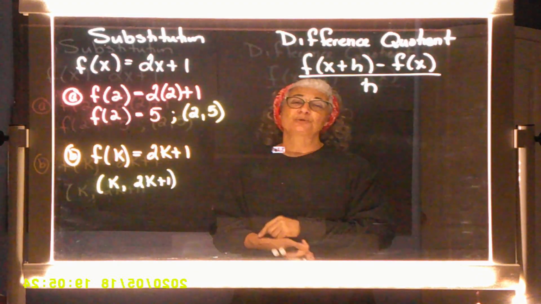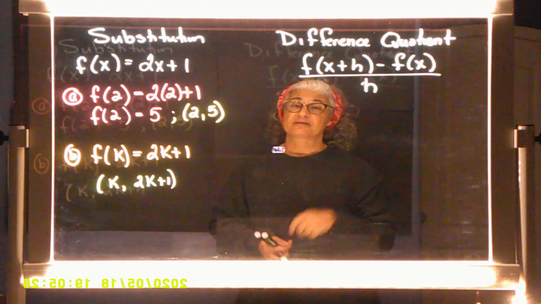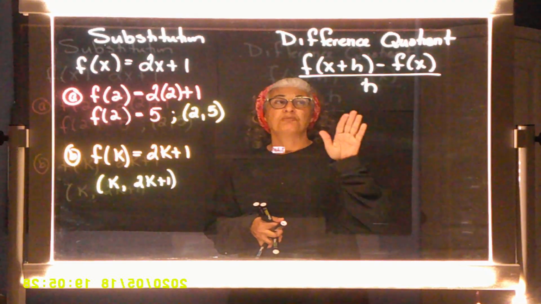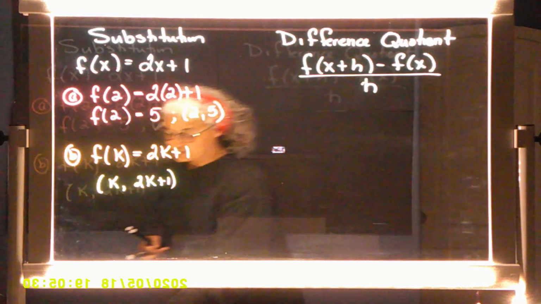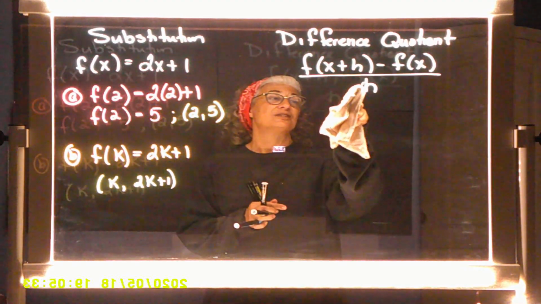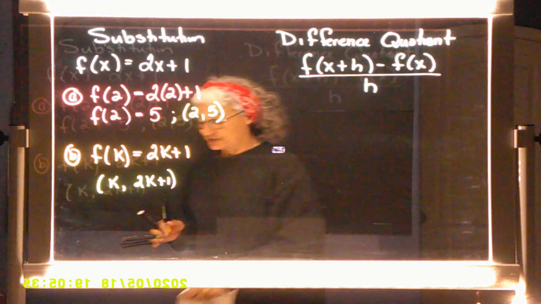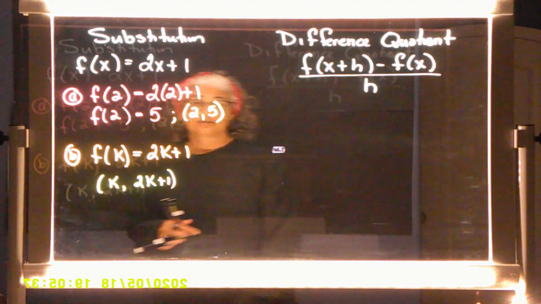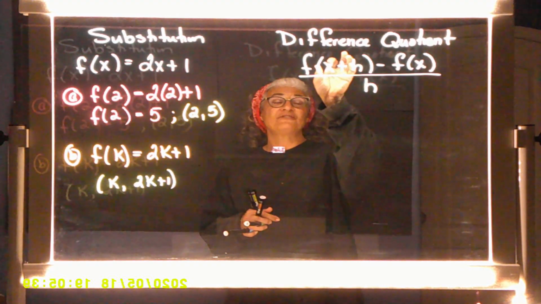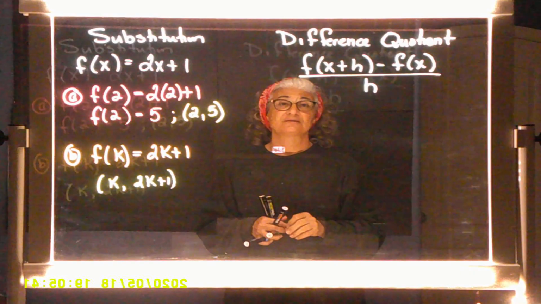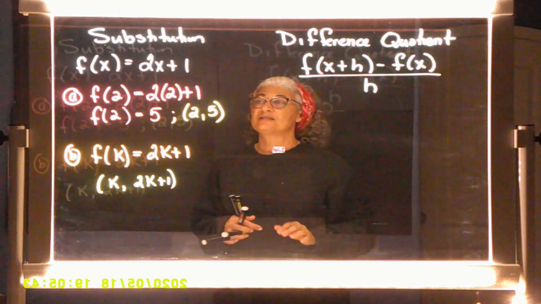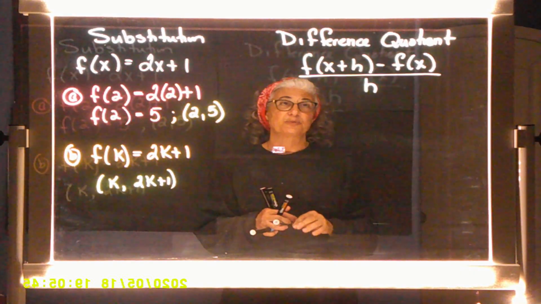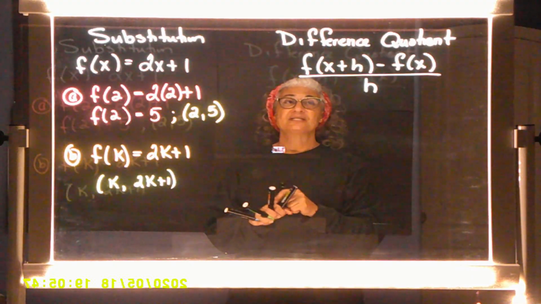All right. Now we're going to talk about this difference quotient. Now this difference quotient you will use more in calculus, so I'm just letting you know that. But for now I need to make certain that you understand it, because here's the deal. This is still using a substitution notation. All right? They want you to find f of x plus h. And we're going to go ahead and use this function over here, the 2x plus 1. So here's the deal.